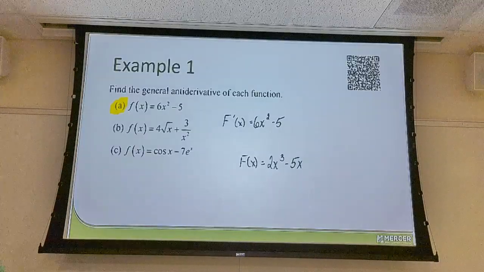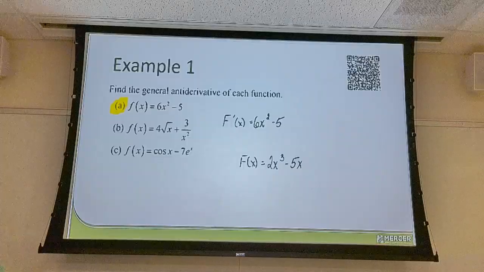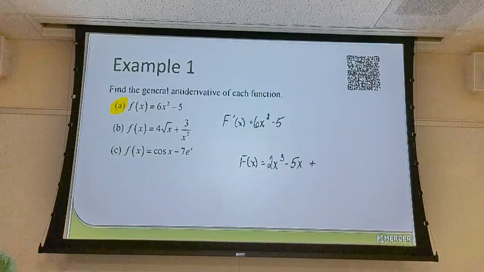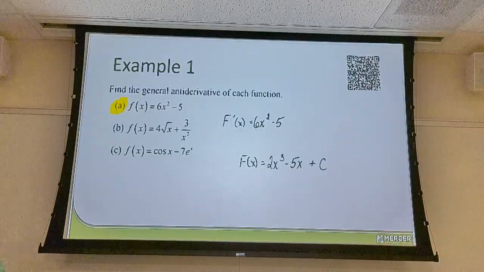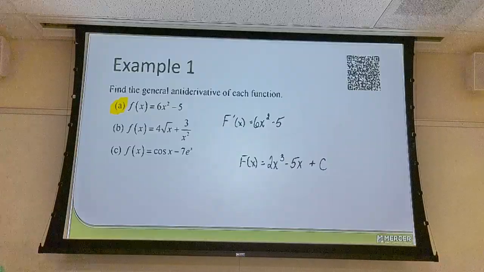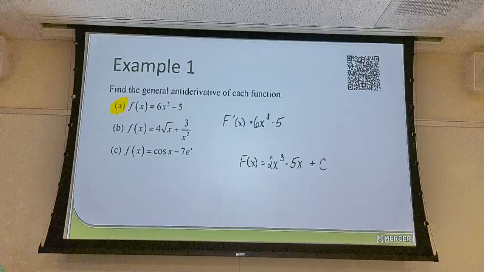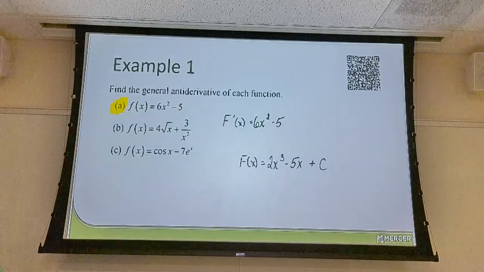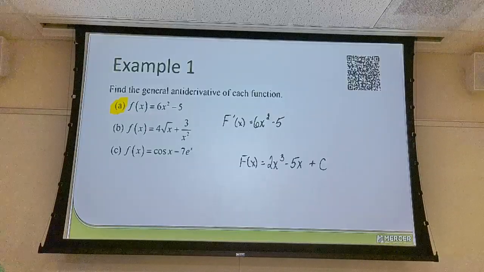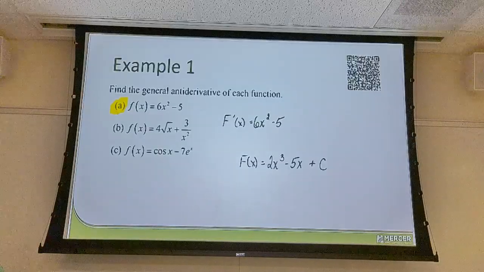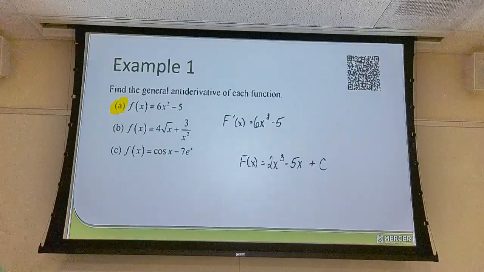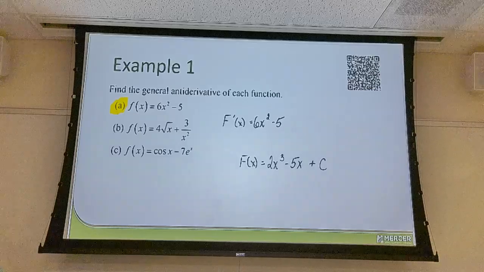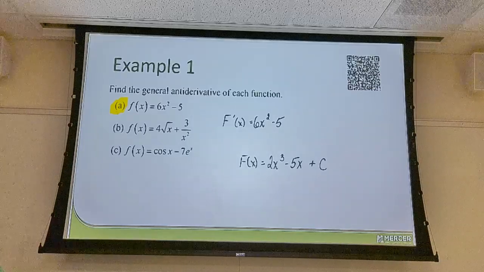It's just the one where the constant is equal to 0. Generally speaking, that's how I always solve integration problems: find the simple first, and then add a constant at the end. Now just check it. Take that derivative. Do you get 6x squared minus 5? There is your general antiderivative.